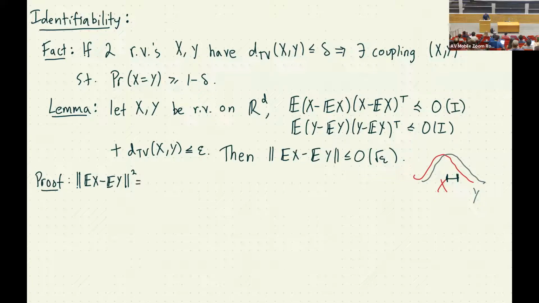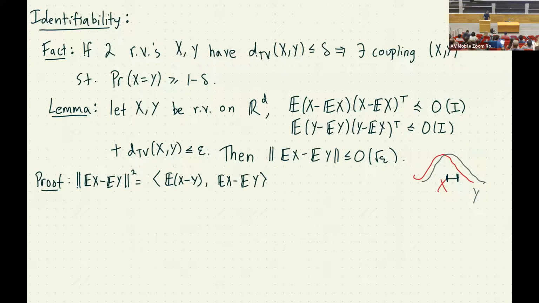I'm just going to rewrite this as the inner product between two vectors: the expectation of X minus Y, where this expectation is over the joint distribution XY that are optimally coupled, with the same vector on the other side. These are the same thing, just pushing the expectation around.